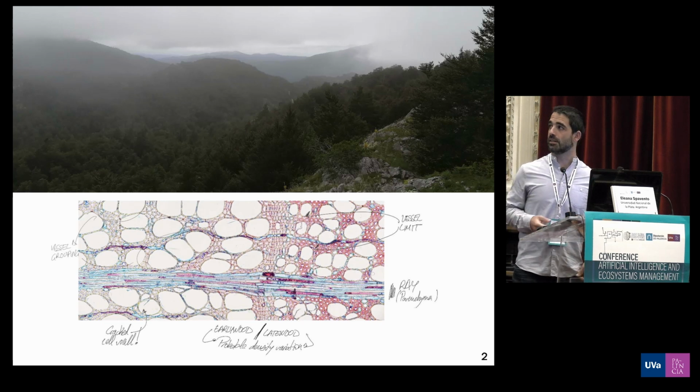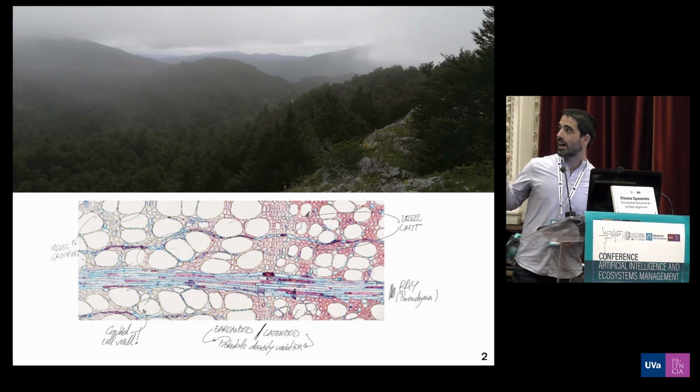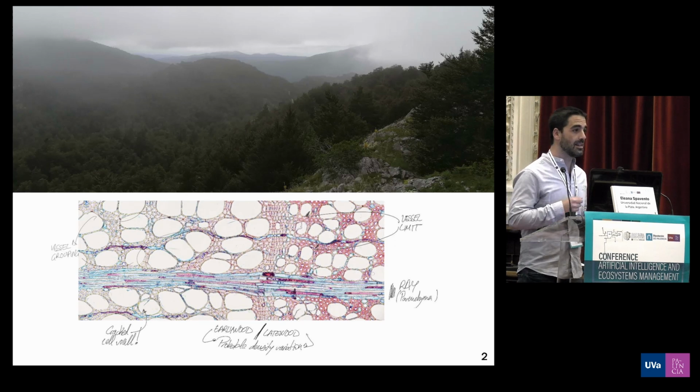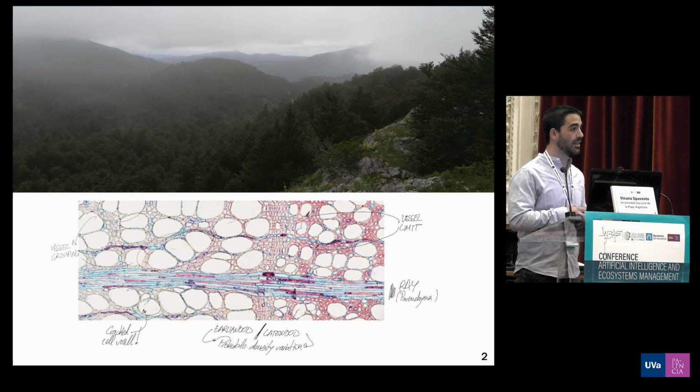But not only ring width, which is the main approach to know about tree growth, but also the vessel size, the ray parenchyma, or other kinds of standards and measurements that we can get from this kind of samples. We make microslides from these tree cores to discover the cell distribution and the cell patterns for each ring.